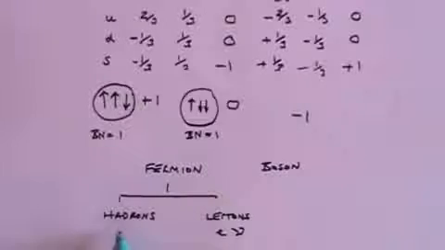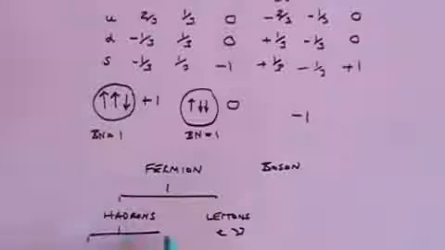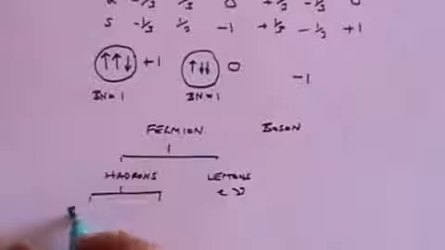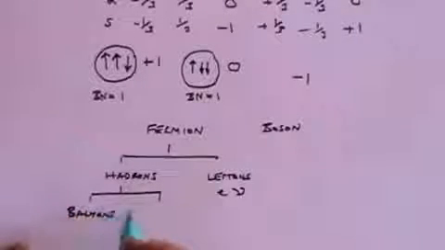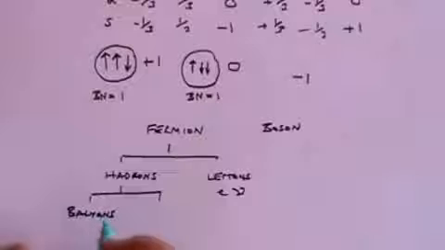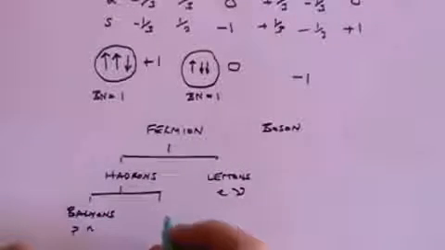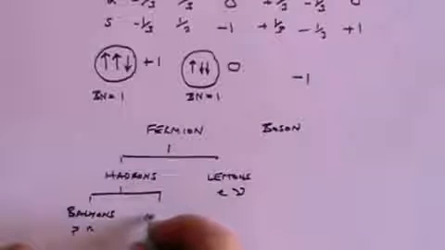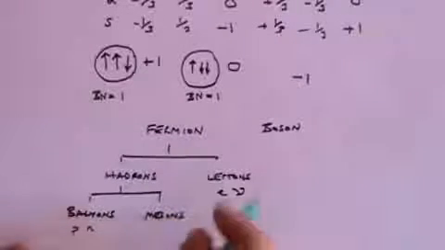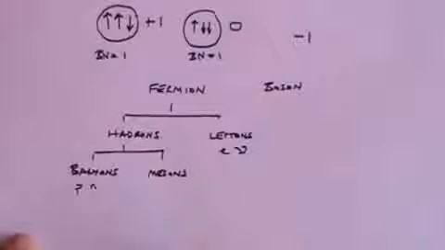Hadrons are themselves divided into two categories of particles. There are the baryons, which is the word we've been using, and obviously those include protons and neutrons, and also mesons. What are mesons?